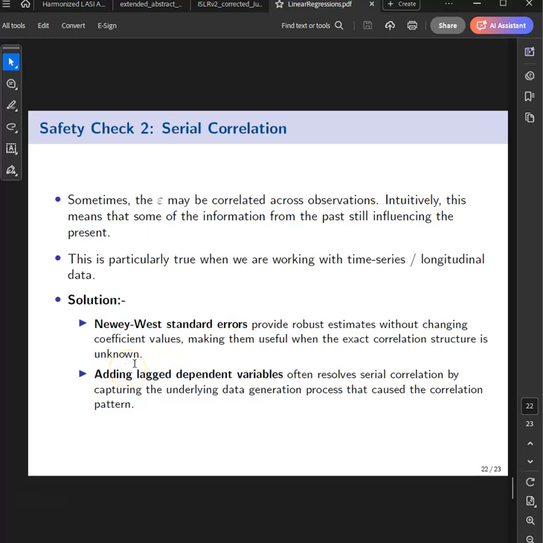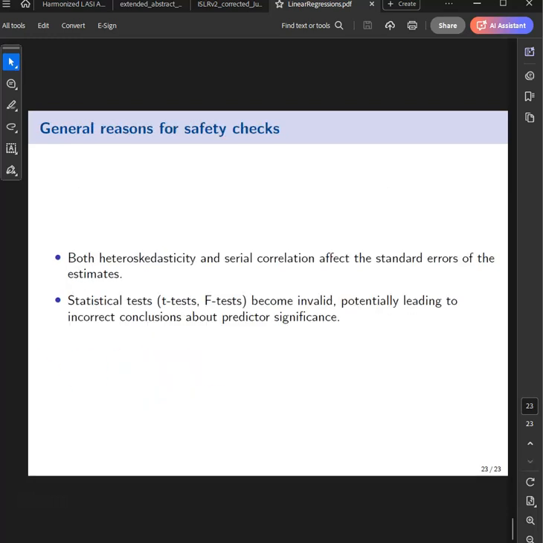Another approach is to add lagged dependent variables to our model. By including past values of our outcome as predictors, we often capture the underlying patterns that were causing the correlation of the error terms. There are several others as well, but these are the two most commonly used methods.